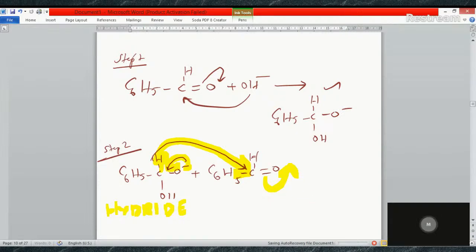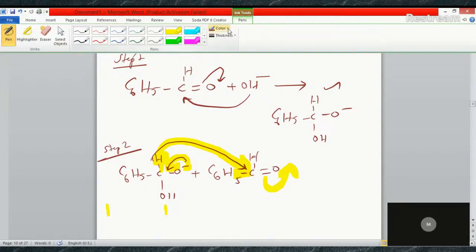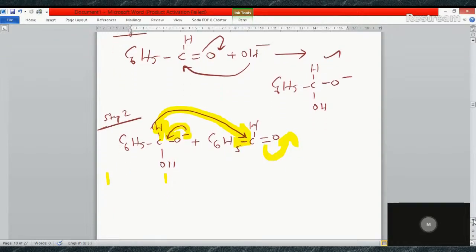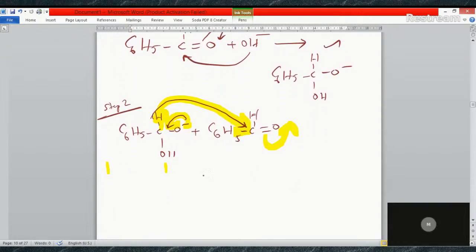Execute these changes and find the product. You can write the product easily by using this method. Yes, this is what is happening here. After the execution of all these changes, the product is written as follows: C6H5 becomes C double bond OH.